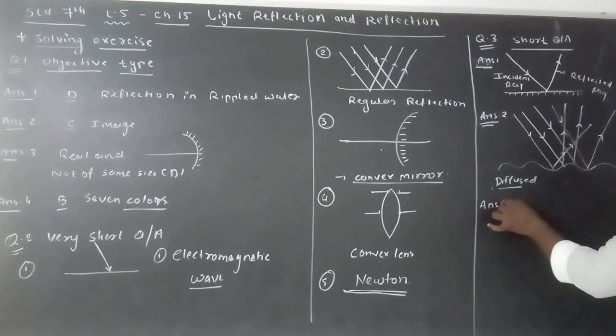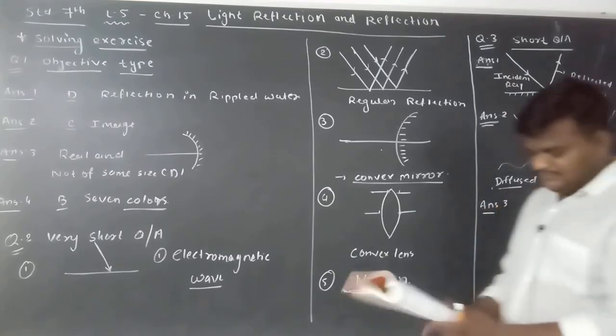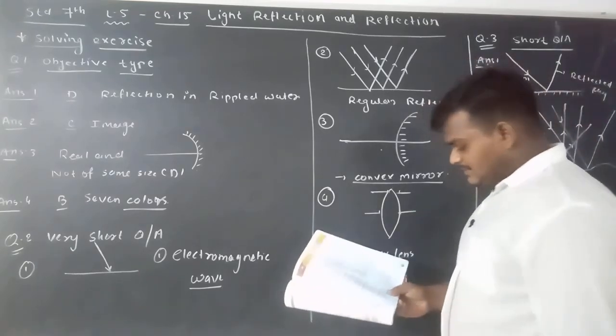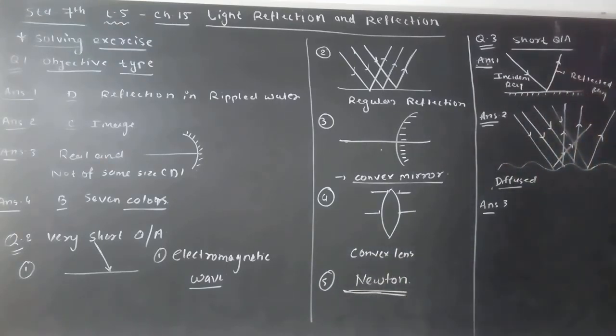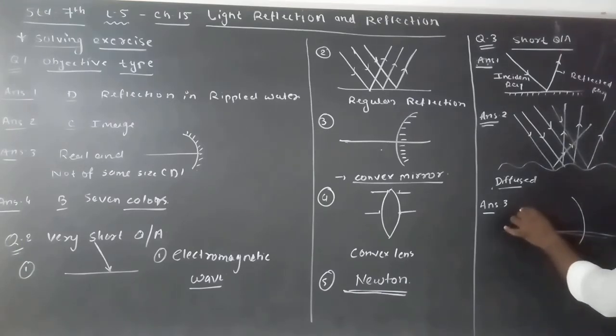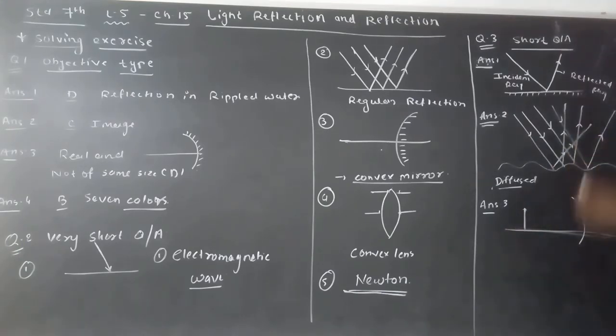Now question number 3, what is given here? Explain the term lateral inversion. Suppose this is your mirror, this is our concave mirror I am taking here, and I am putting an object here in an upright position.